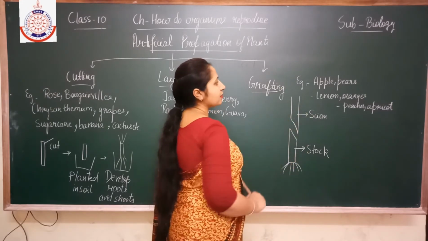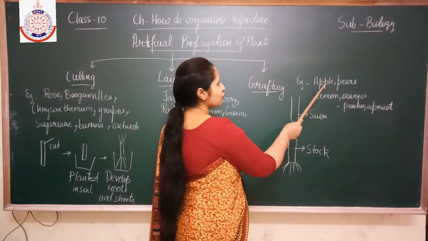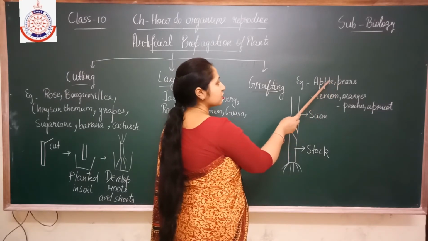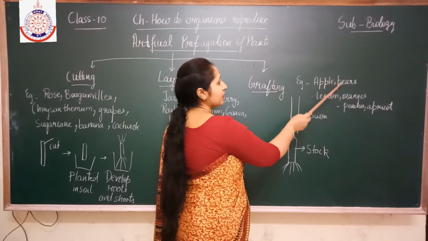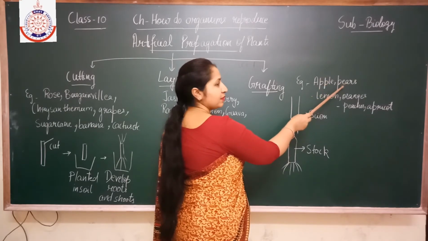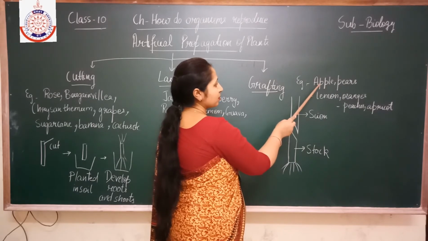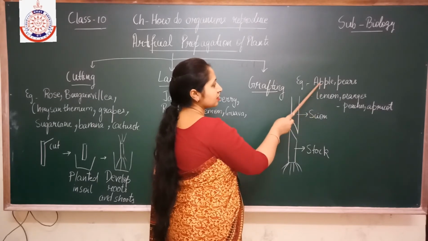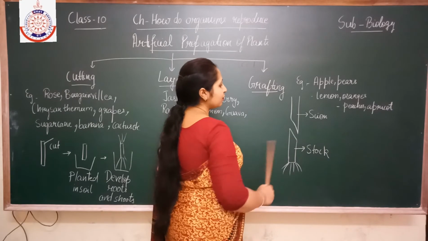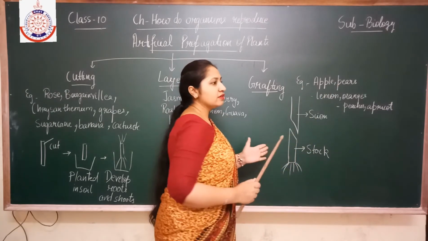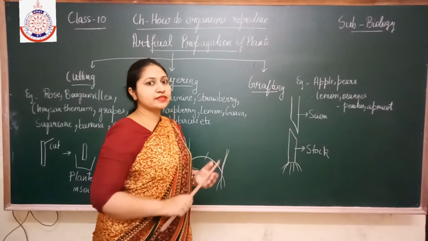Here I have written some examples, like apple and pears. Suppose we have to make a combination of the apple plant and the pear plant. One portion we will take from the apple, for example we have taken the scion of the apple. Then we will take the stock portion of the pear, and then we have to join the stems.